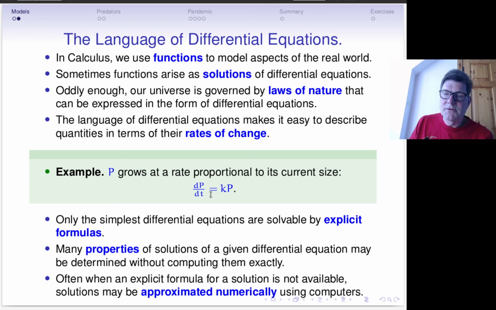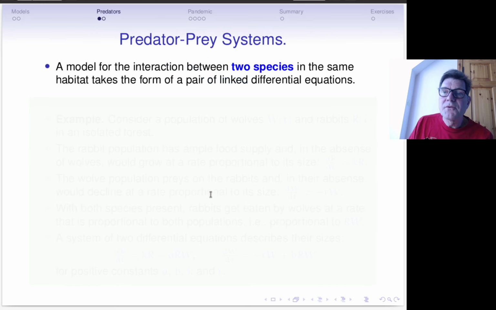And I want to look at a few examples here, starting with predator-prey systems as an example of a system where two quantities, or here two populations, interact. Some eat, some get eaten.